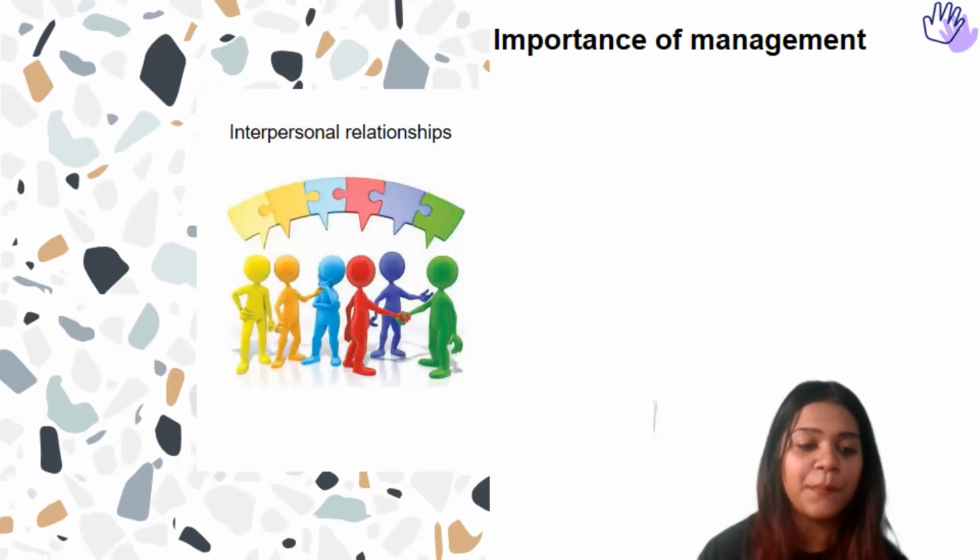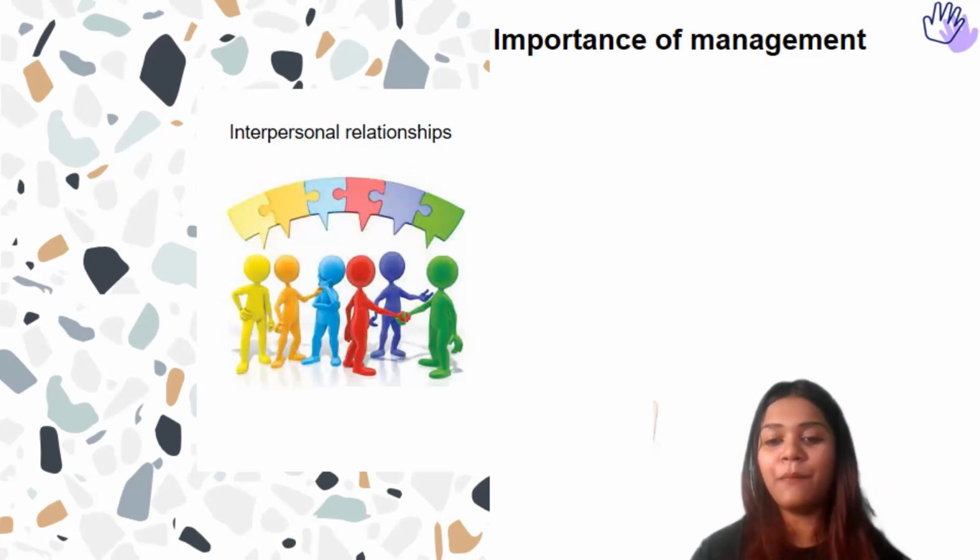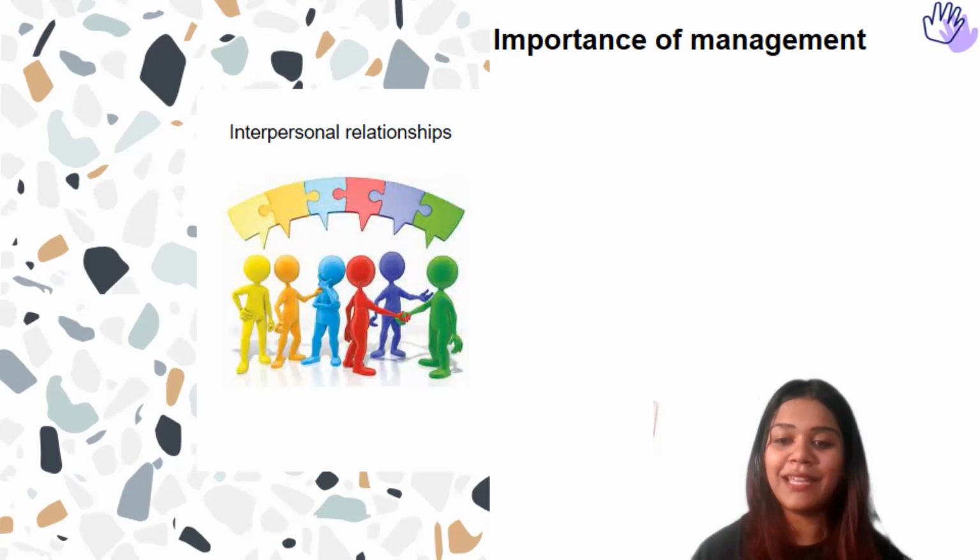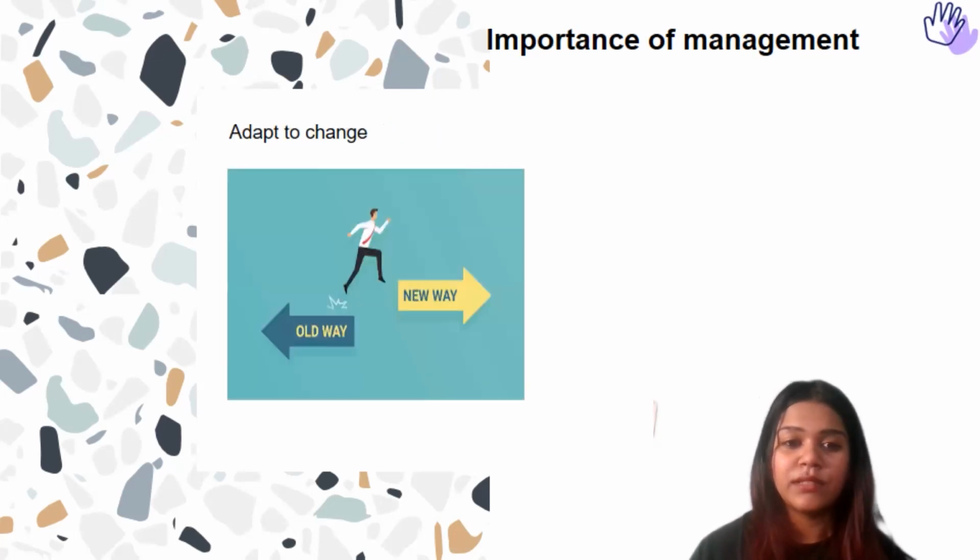And how does it happen? This must be in your mind, because the tasks are allocated smoothly, and members of the team can monitor each other effectively, and whenever there is any gap or problem in between, they can talk to each other and work in teams, which helps in the development of interpersonal relationships of the employees working in the organization.